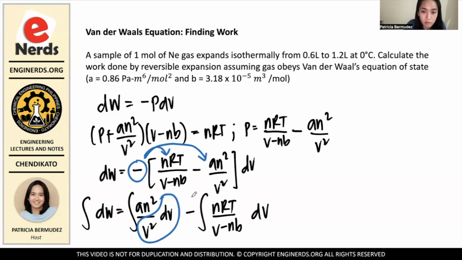And for this, nRT are all constants as well, so what you integrate is this. Although n and b are constants as well, they are attached to the V underneath, and when that's the case, we treat them as 1, even though they are constants. We're going to integrate that later.